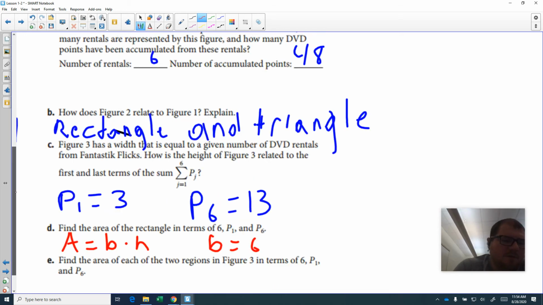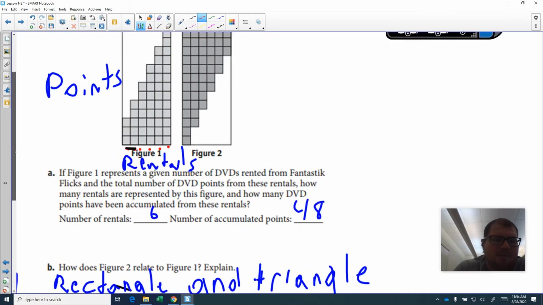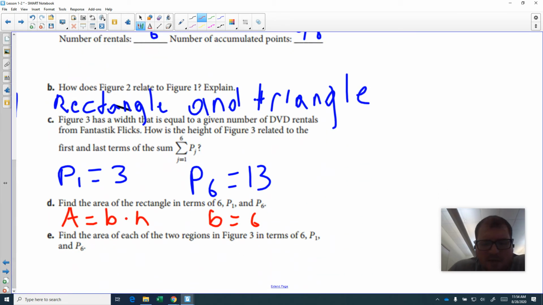The next portion that we have to understand is that these two figures are related. To find the true length of the rectangle, I need to combine these two together. So these would overlap. What I need to do to find the height is take my P of 1 and add it to the P of 6. It's the height of my lowest point plus the height of my highest point, which gives me the total height of that rectangle.